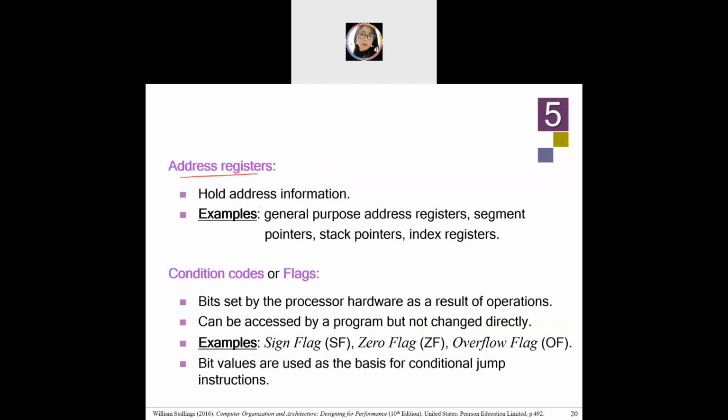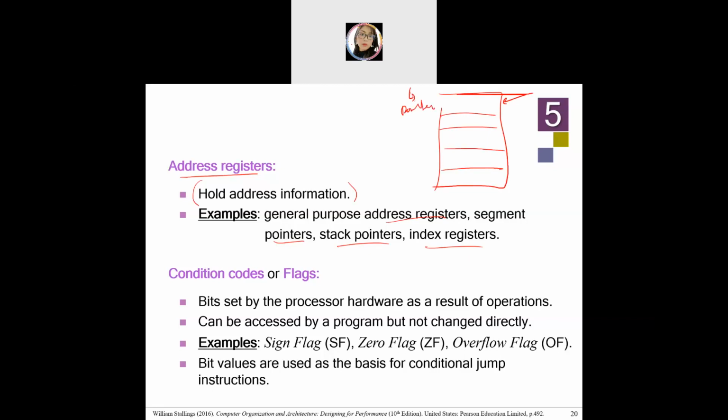Address register, the purpose of the address register is to hold address information. So what is the example? For address registers, there are segment pointer, stack pointer, and index register. So last time you have things that you're going to put into your stack, and you have a pointer.